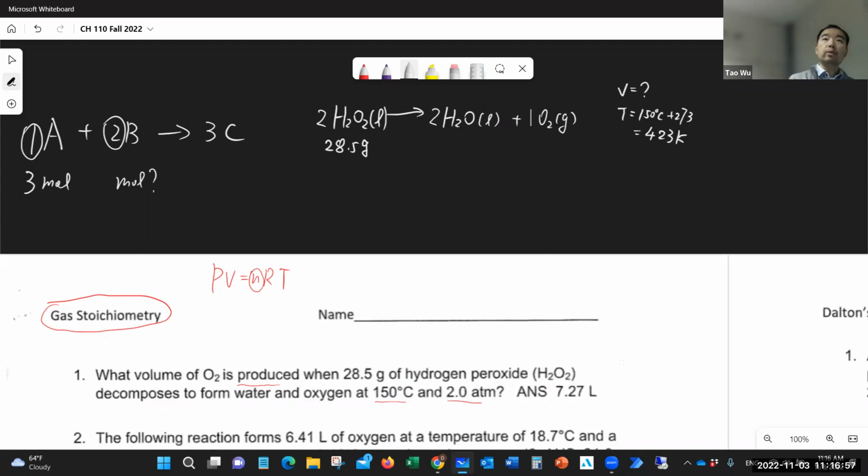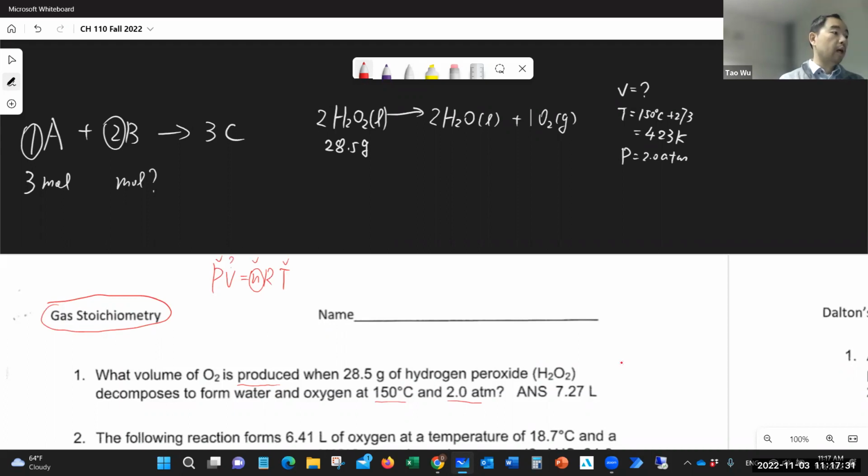We also know the pressure, which is 2.0 atmosphere. The question asks for volume, and based on the equation PV equals nRT, we know the pressure and we know the temperature. If we get the moles of the gas, then we should be able to figure out the volume, right?